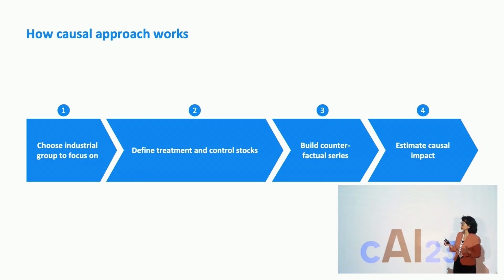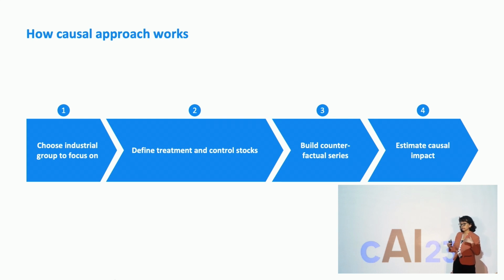In addition to that, because we want to find similarities between the groups as much as possible, we filtered on some additional variables, such as overnight return, because overnight return has an impact on how the stock is going to behave intraday the next day. Overnight is from previous close to today's open. So we only look for the same overnight return pattern in the control group as in the treatment group.